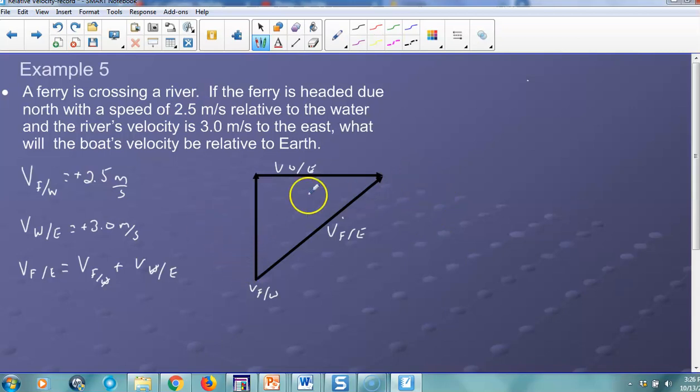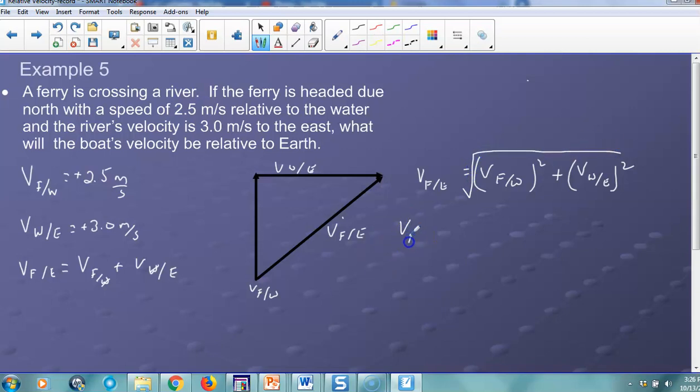So velocity of ferry relative to Earth is equal to velocity of ferry to water squared plus velocity of water to Earth squared, and if we want this, we have to have the square root of that. So velocity of ferry to Earth equals the square root of 2.5 meters per second squared plus 3.0 meters per second squared.